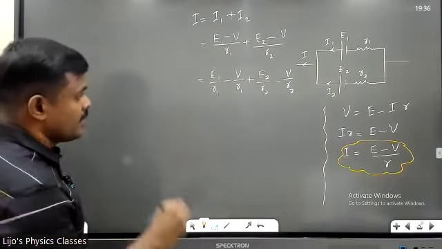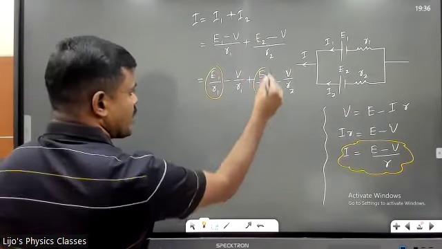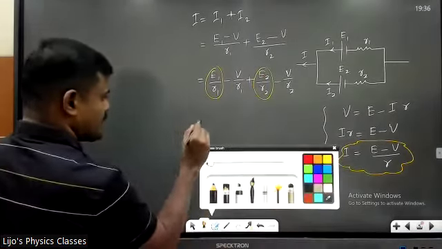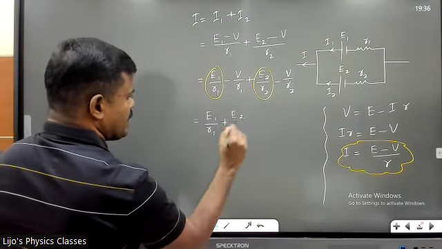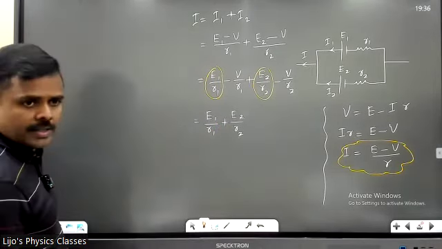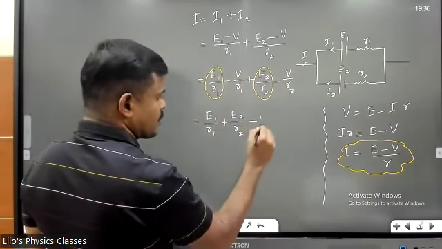Group the identical terms together: E1 by R1 plus E2 by R2, then minus V by R1 minus V by R2.